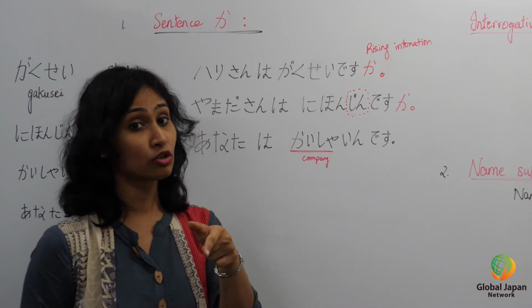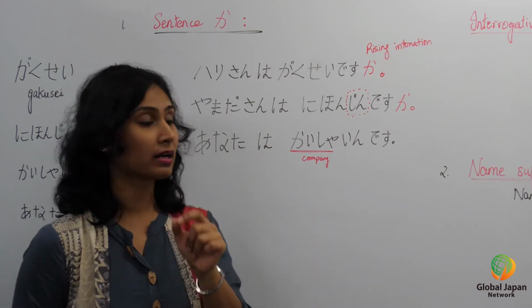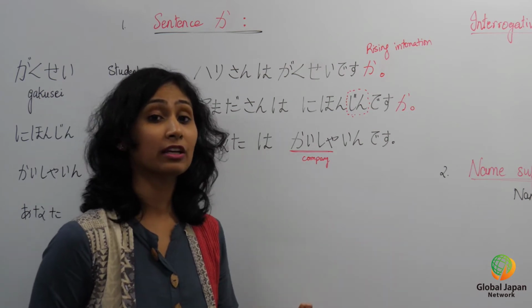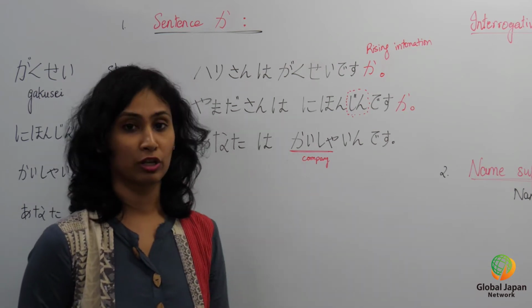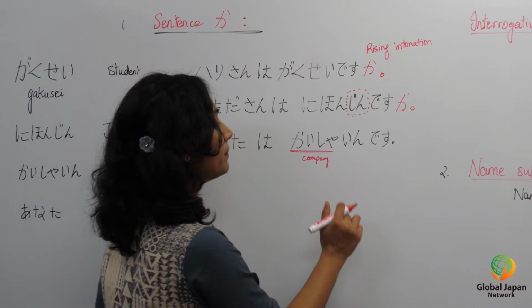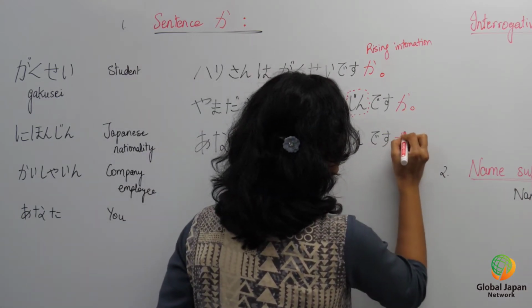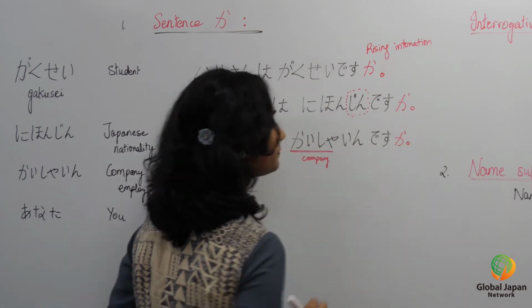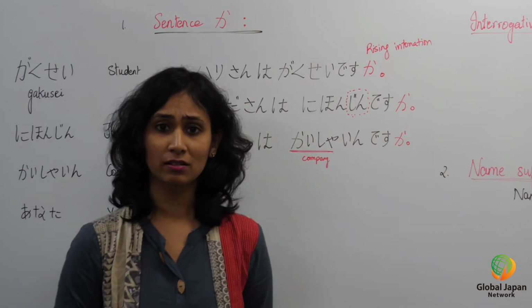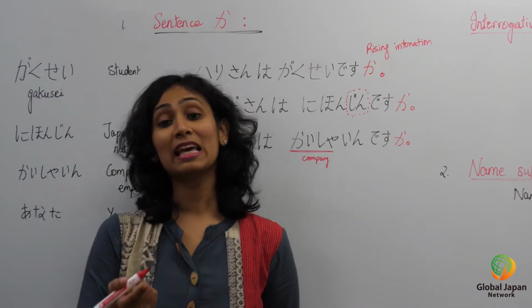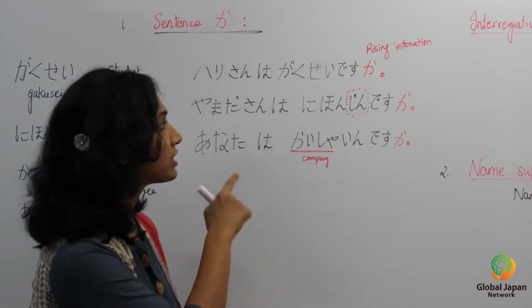If you have to make this into a question, add the particle ka at the end, and while reading it, you will do it with rising intonation. So let me make this into a question. Anata wa kaishain desu ka? That's it. You've learned how to frame a question. Now let's see how we are going to answer questions of this kind.